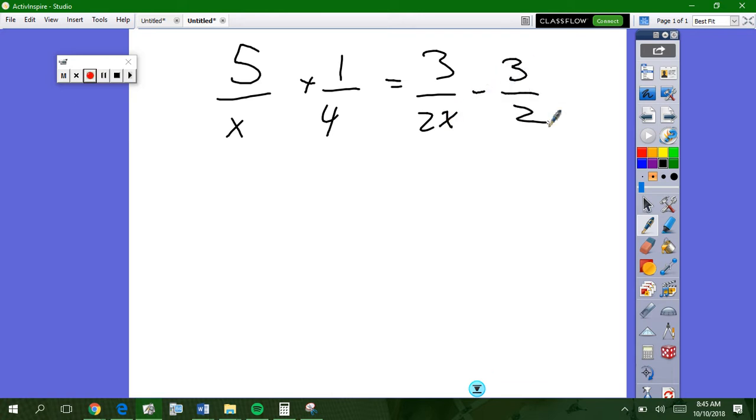Okay, so this time we have an equation actually, but it's really no different than the previous example. We've got to get a common denominator. With that being said, what is my common denominator for this whole thing?